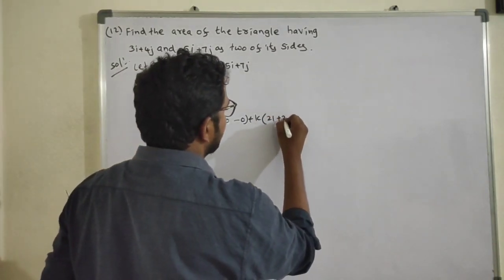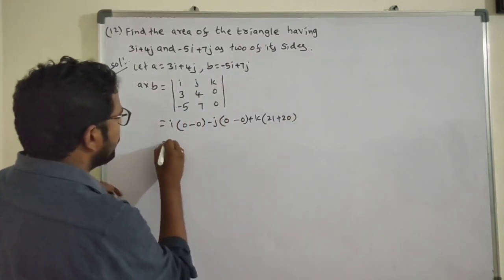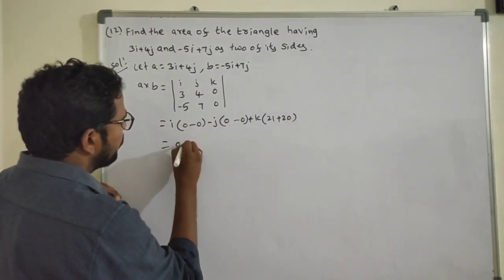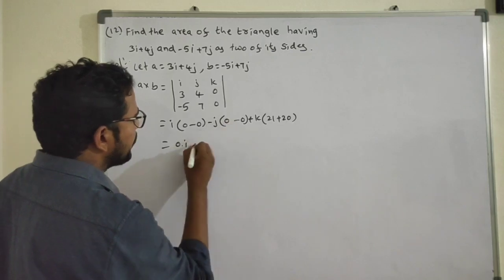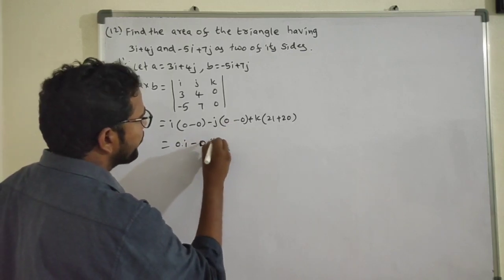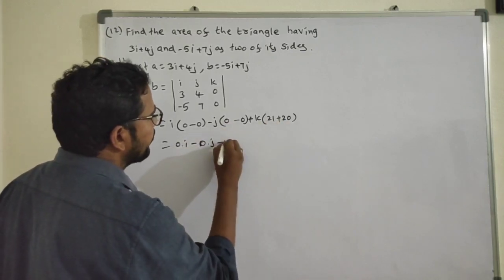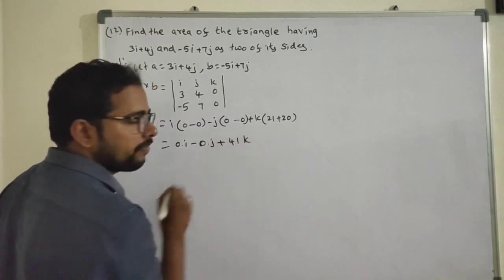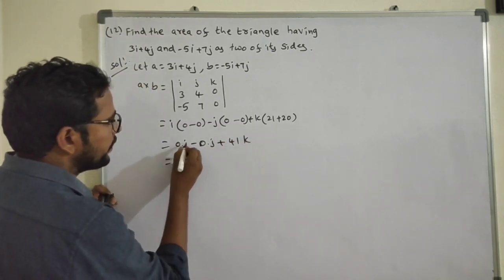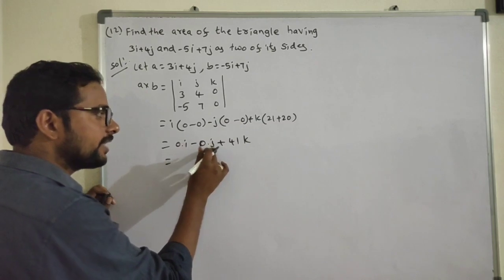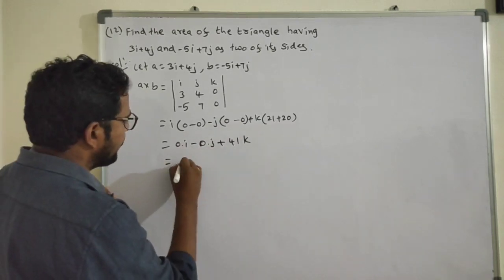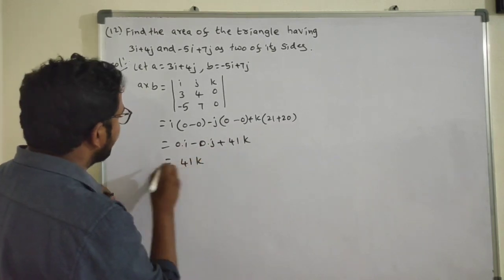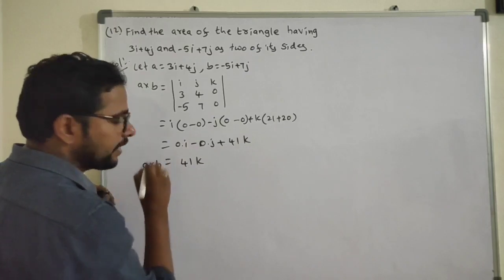Already minus is there, so plus 20. So 0 into i is 0, minus j into 0, 0 into j is 0, plus 21 plus 20, 41k. Total 41k. This is a cross b. a cross b is equal to 41k.